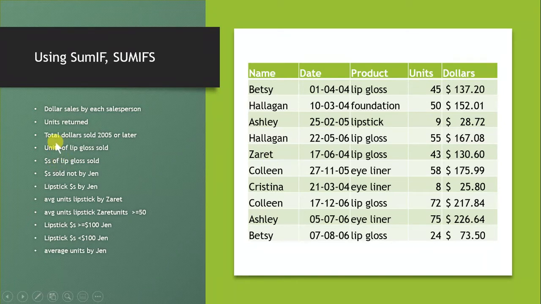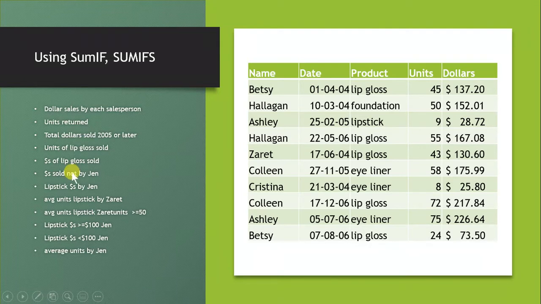Then you have total dollars sold 2005 or later. So we need to identify, based on the date, what is the total when it is 2005 or more. Then again you have units of lip gloss sold, so we identify how many lip gloss have been sold.